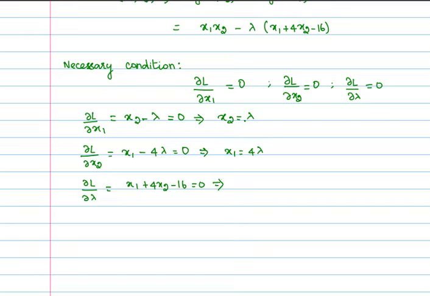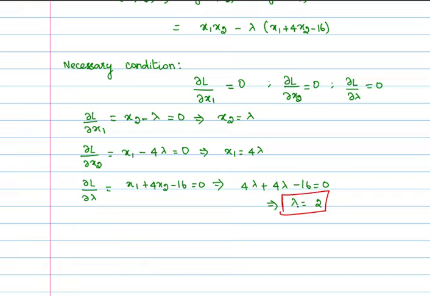Since x2 is lambda and x1 is 4 lambda, we get 4 lambda plus 4 lambda minus 16 equal to 0. This implies lambda equal to 2.